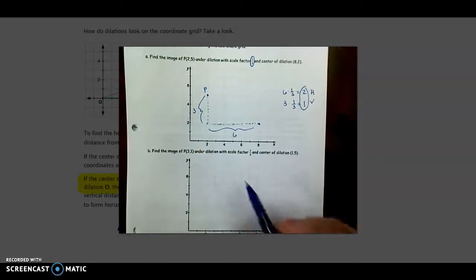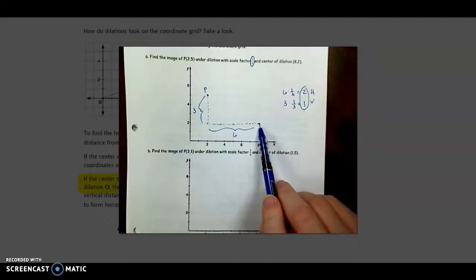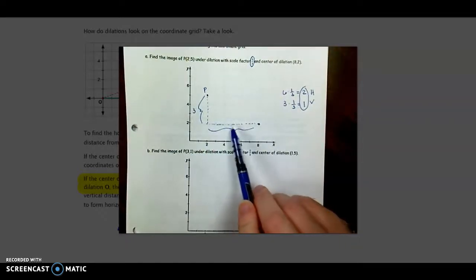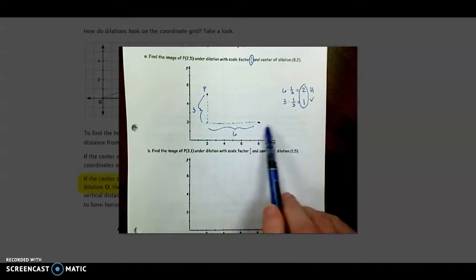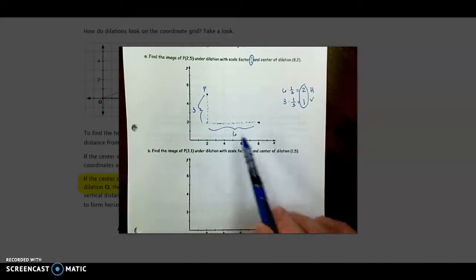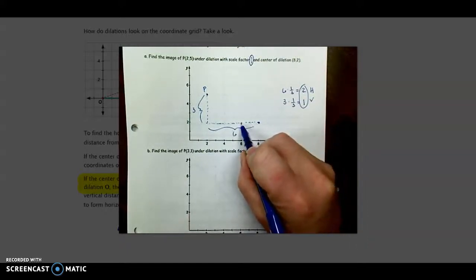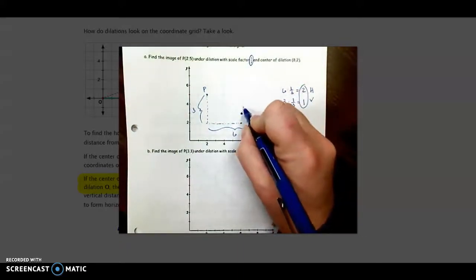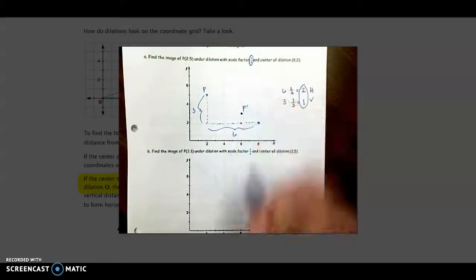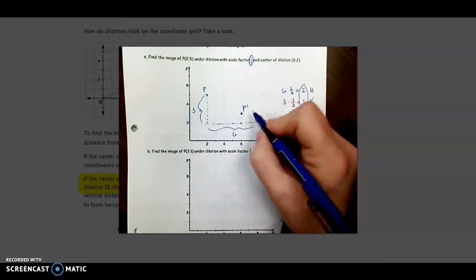So that's really important. You don't start from the pre-image point, you start from your center of dilation. We're still going in the same directions. The other point was to the left, so we're still going to go to the left. So we go to the left 2 units horizontally and up 1 unit, and this gives me my image point P prime, which is located at the point 6, 3.